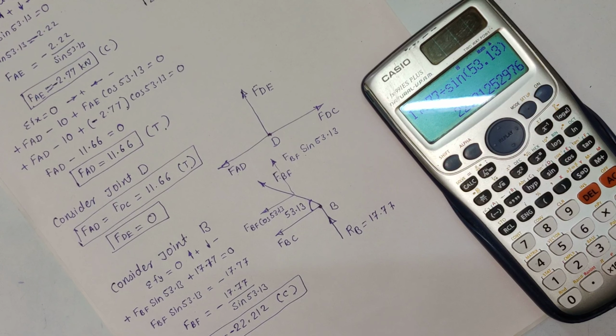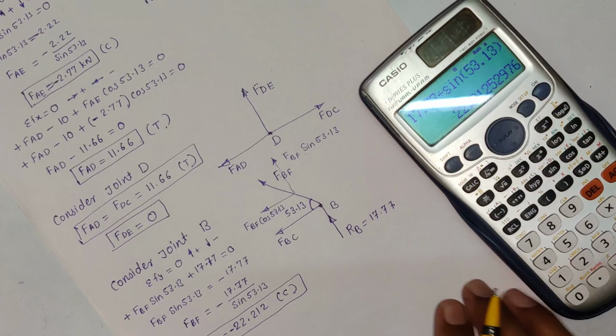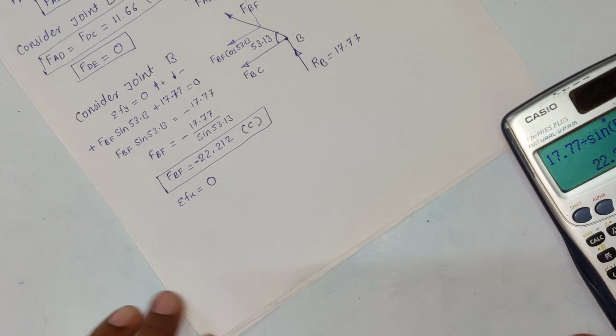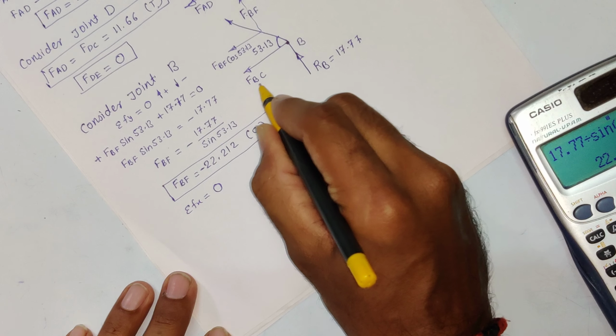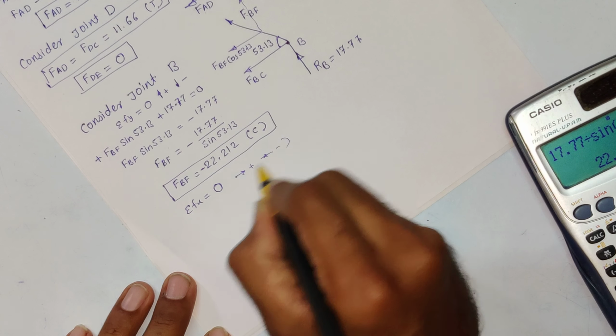Alright, next, summation of Fx is equal to 0. So as you can see here, horizontal forces, right side plus, left side minus.